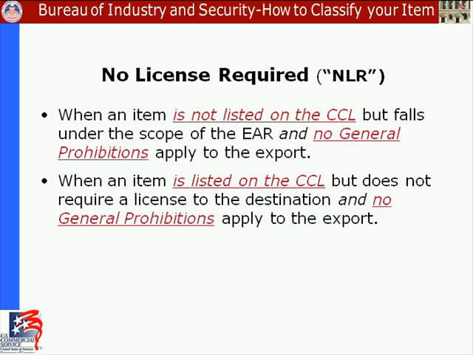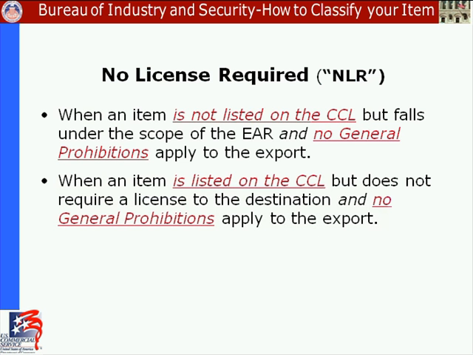So two scenarios. The first one is EAR99 and not against general prohibitions 4 to 10. The second scenario is you are not EAR99, you do have an ECCN number, and then you look at the Commerce Country Chart, no X in those columns you're supposed to look at for the specific country, and you don't violate general prohibitions 4 to 10, then no license required, NLR.